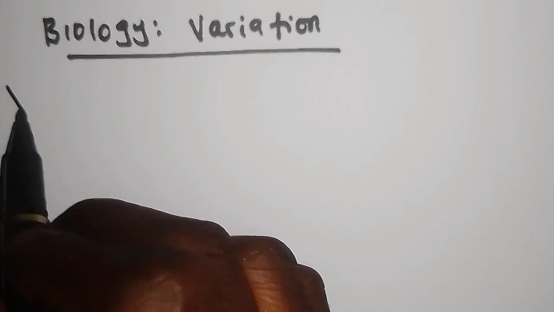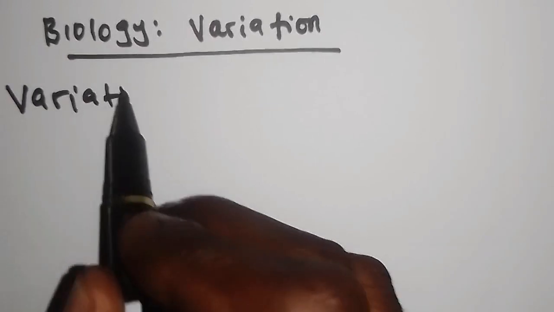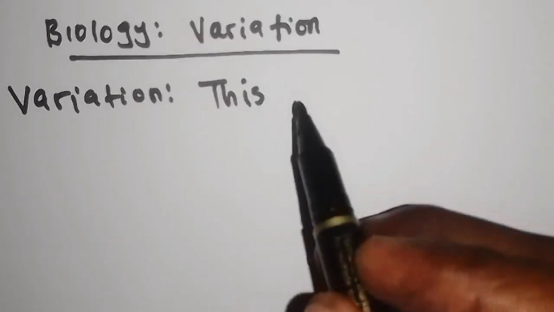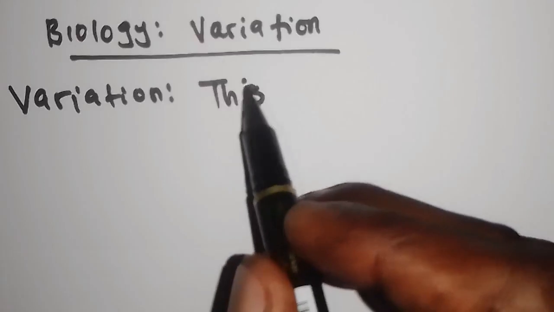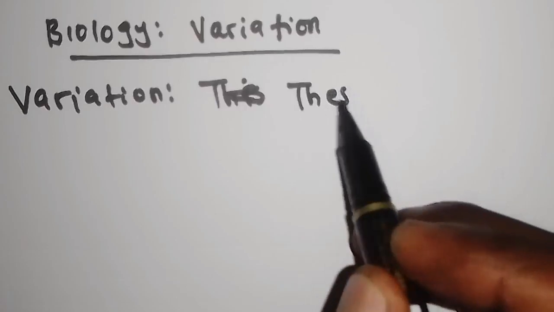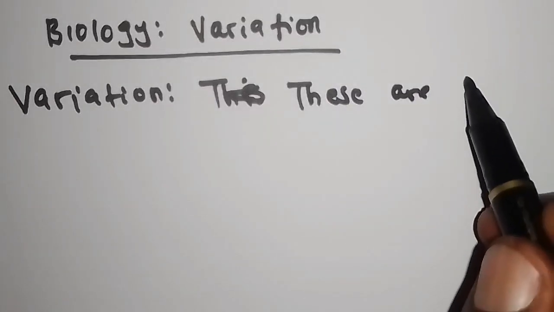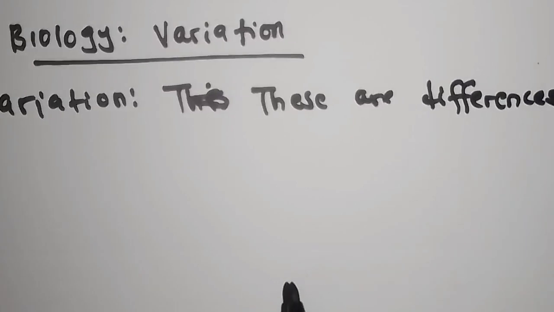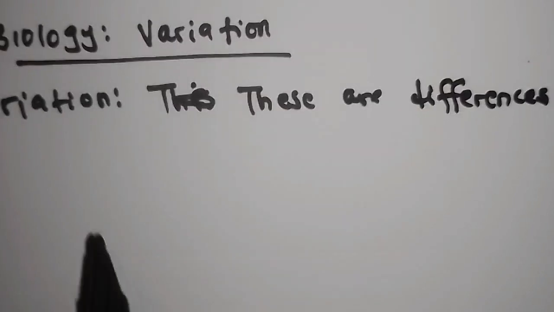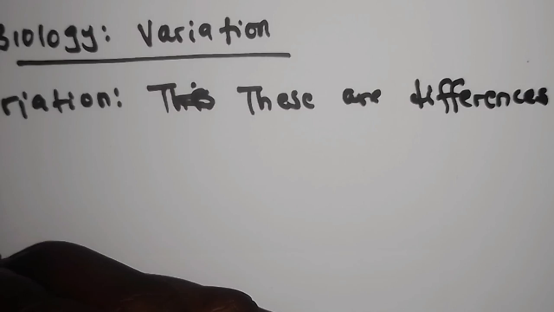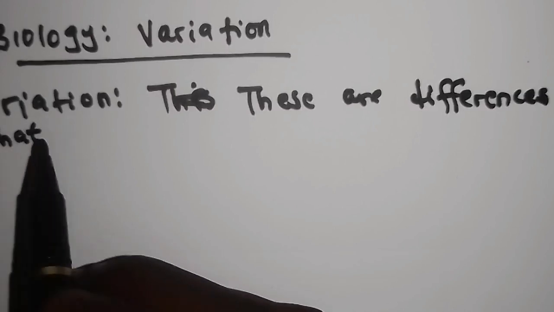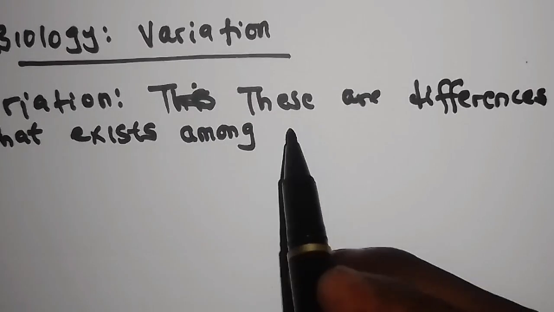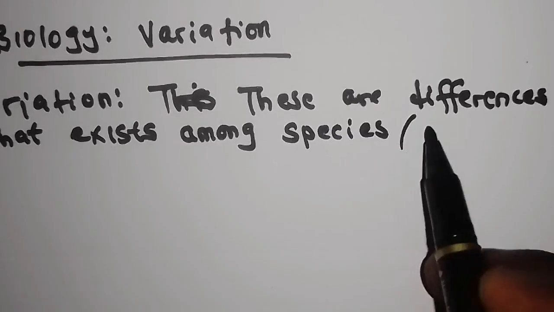Okay, so when you talk about variation, we are simply saying that variation, you can just say this: these are just differences that exist among species or even individuals.